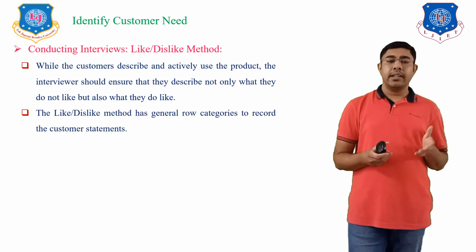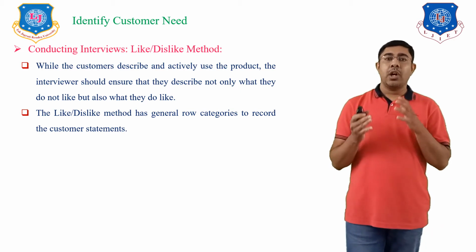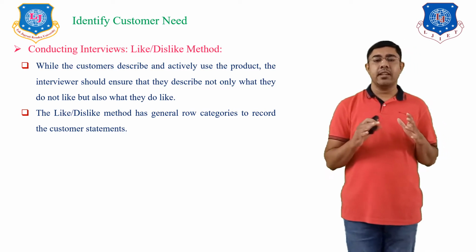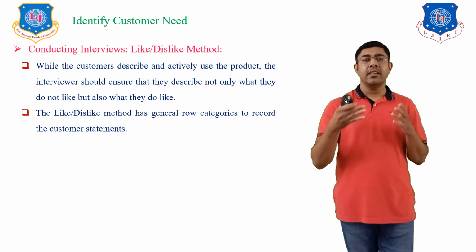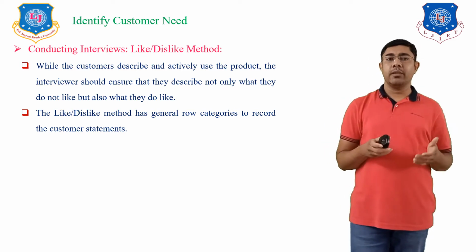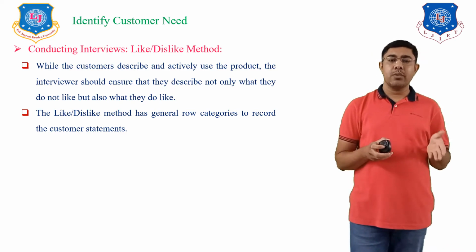The like-dislike method has general row categories to record the customer statement. There are a like row and a dislike row, and according to the customer statement, the customer's review is noted.